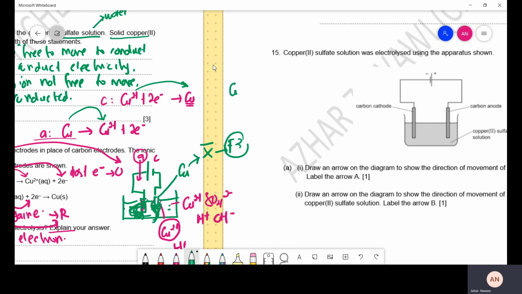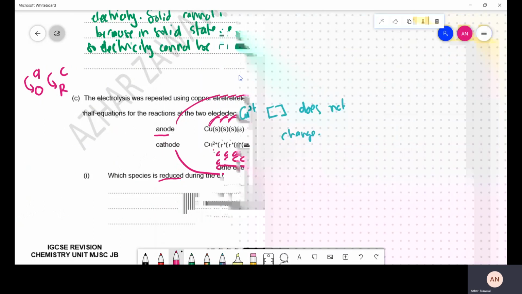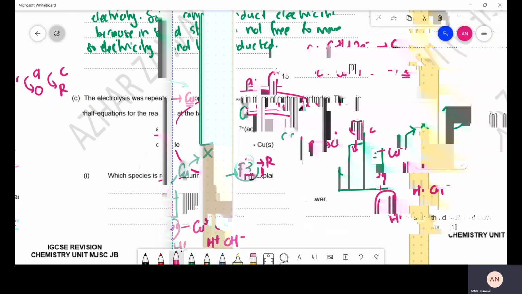So if you think logically, the concentration of Cu2+ does not change. Why not change? Because of logic. You produce Cu2+, but at the same time you use it. So the concentration does not increase or decrease. Because after you produce, you use again. So that's why the question mentions the concentration of Cu2+ does not change.